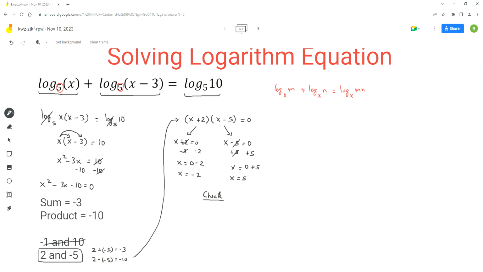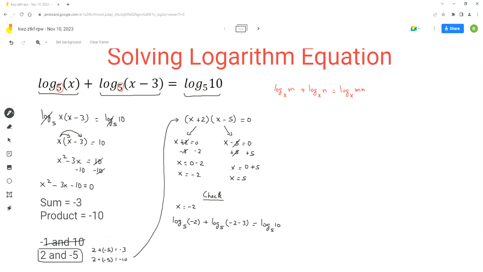So we sub in these x values in the given equation one by one. So let's start with x equals negative 2. When we sub that in the equation, we get log of negative 2 to the base 5 plus log of the same base and then negative 2 minus 3 equals, now there's no x on the right side of the equation.